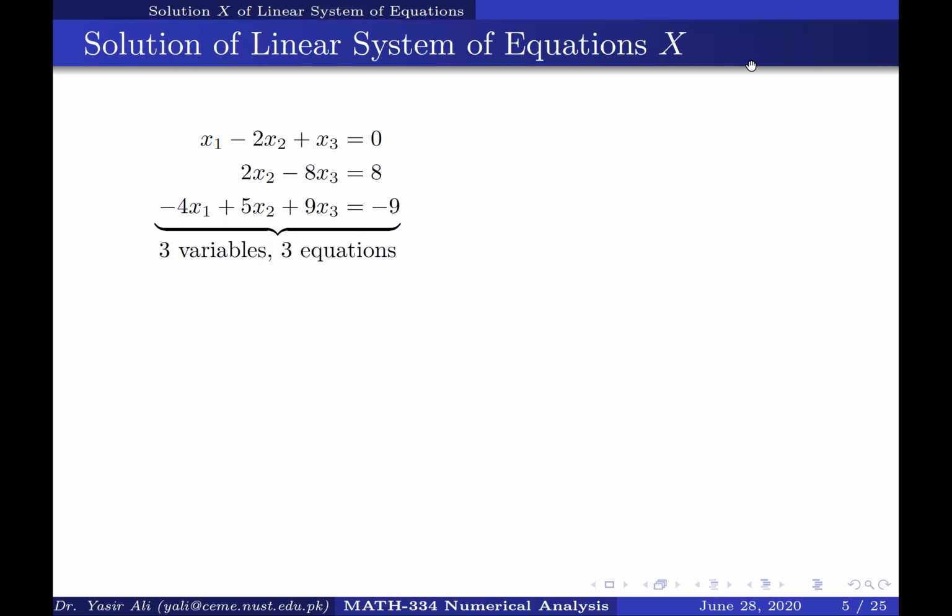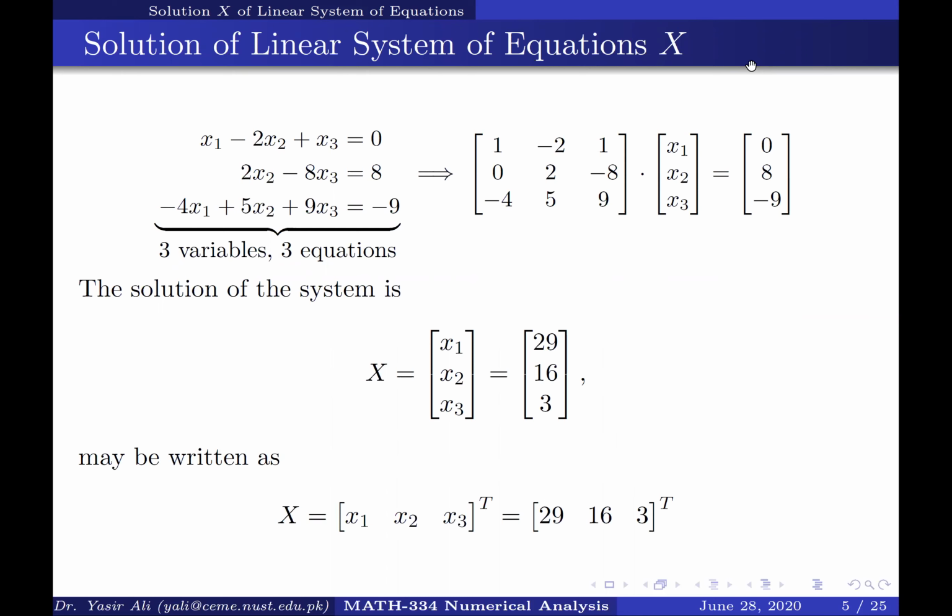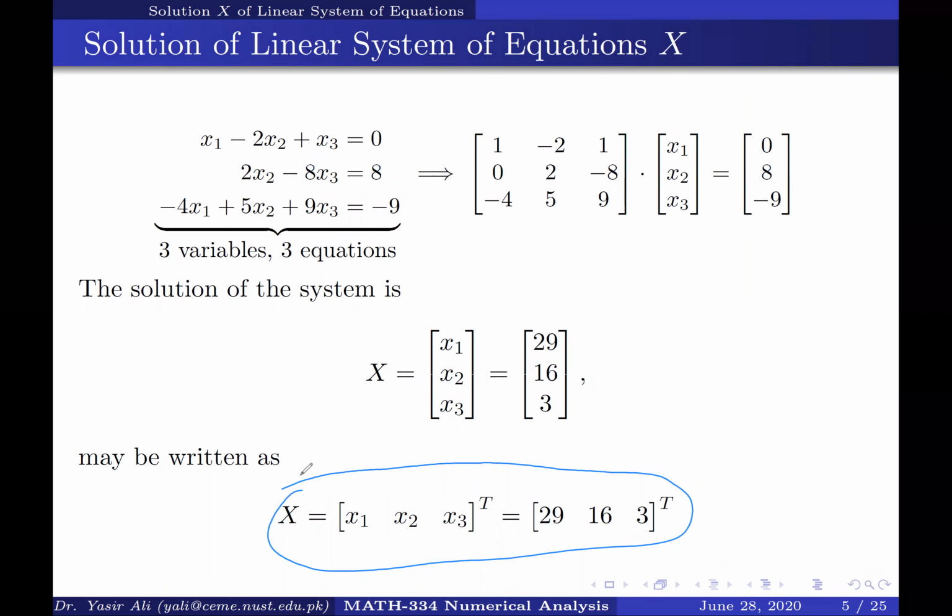If we have a 3 cross 3 system given here, it may be written in vector matrix form like this, where x is used to denote the solution of the system. For convenience, we may write this x in this form as well. This helps us to write it in a very convenient way.